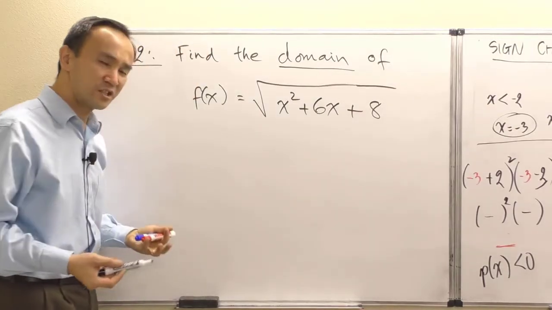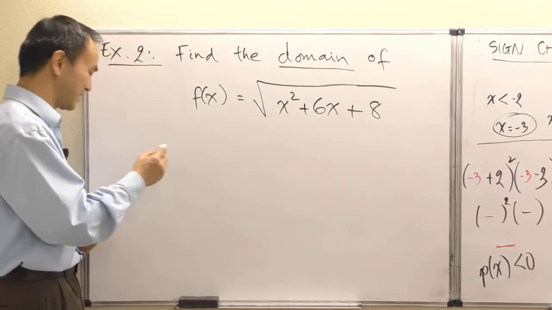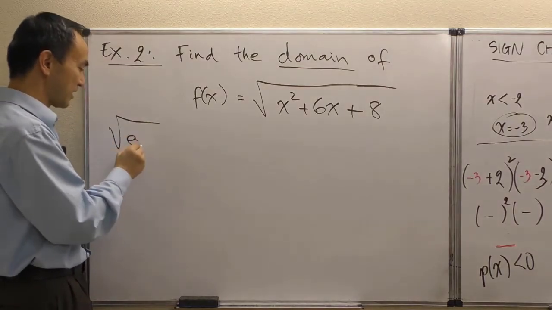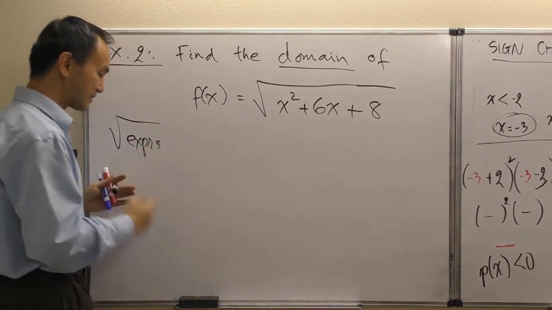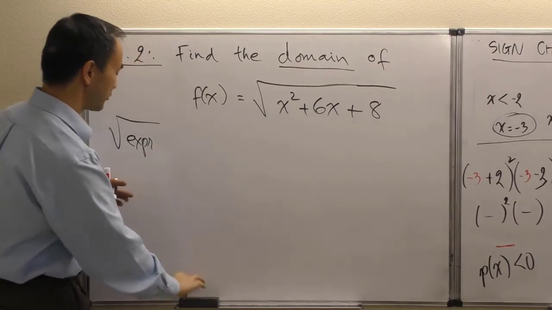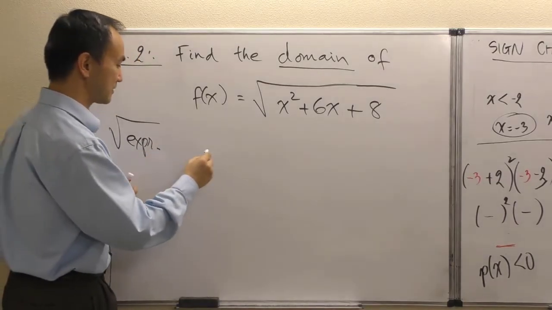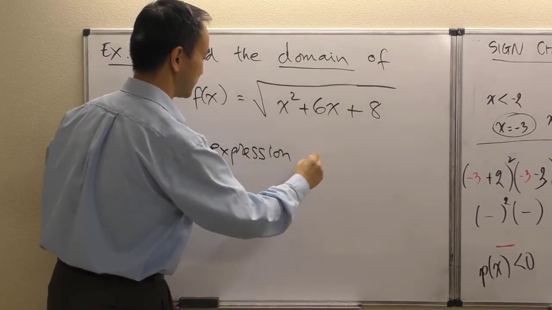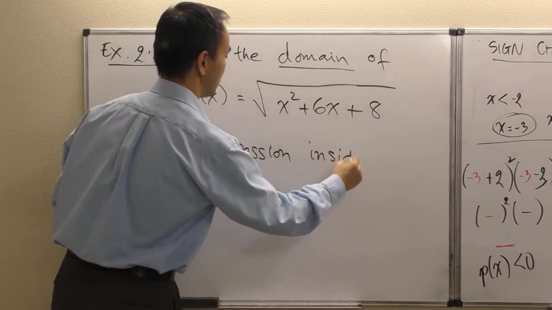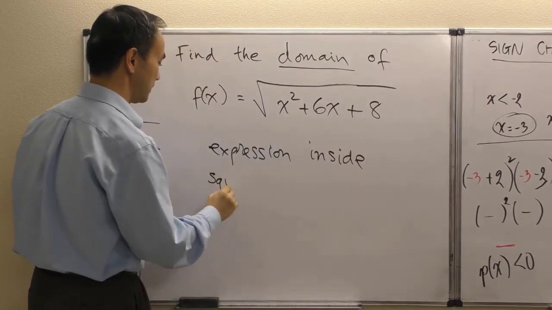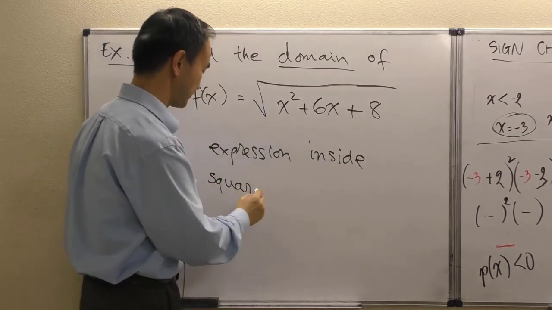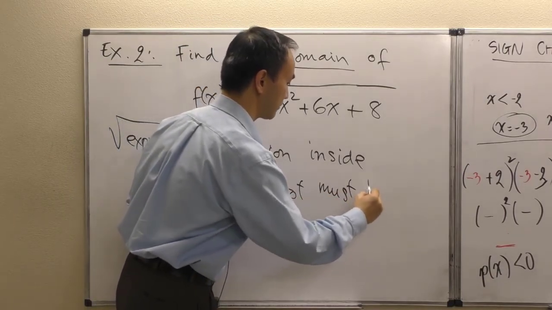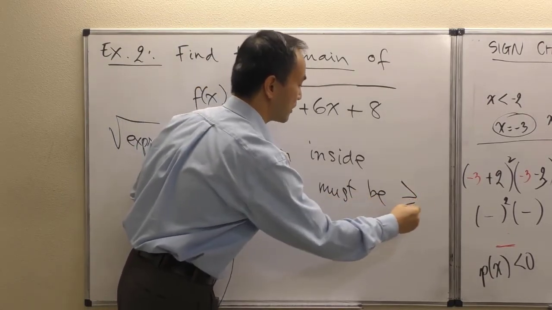From what we understood previously, we have an expression inside the square root, and whatever that expression is, as a reminder, the expression inside a square root must be non-negative, greater than or equal to 0.